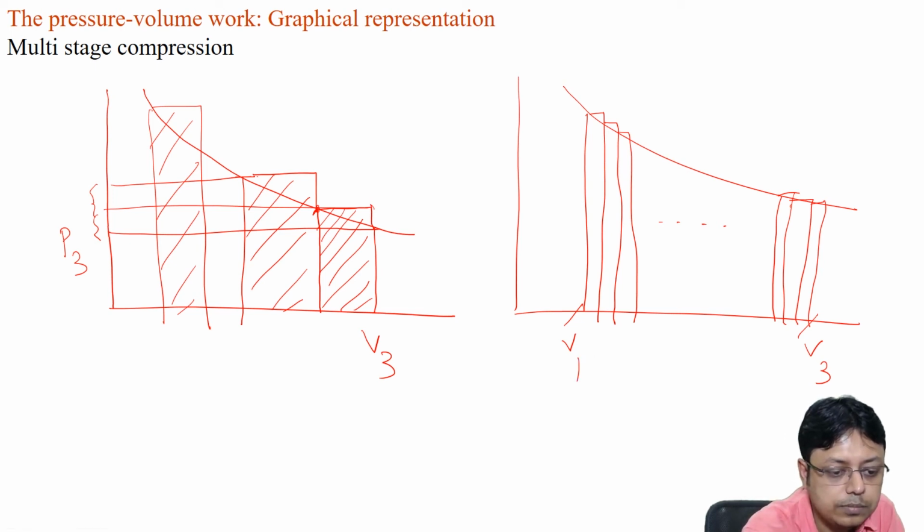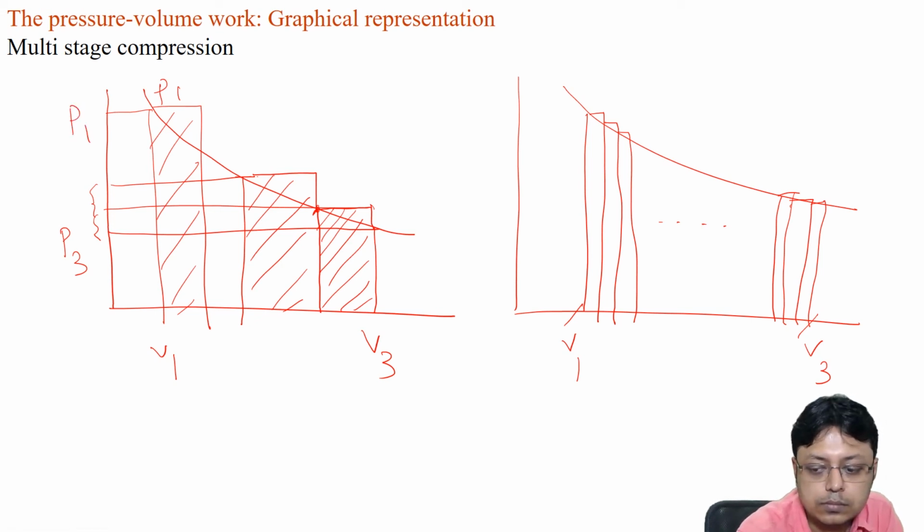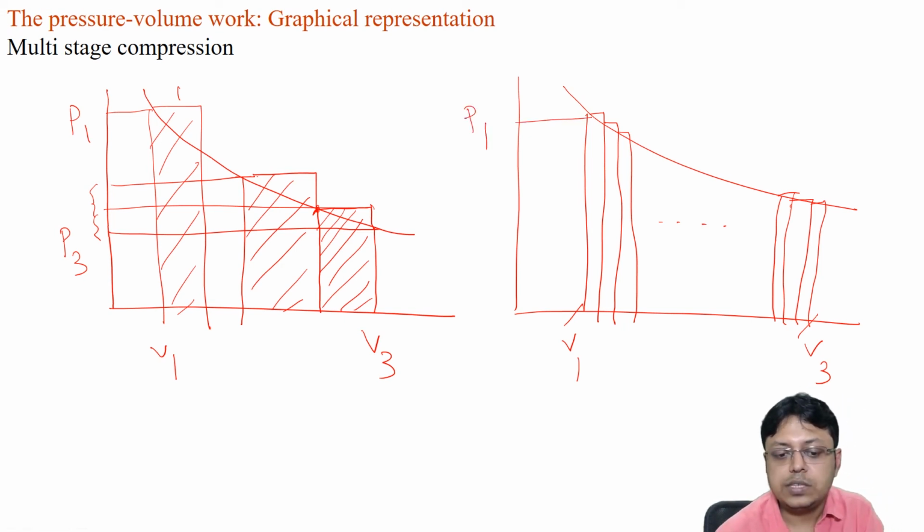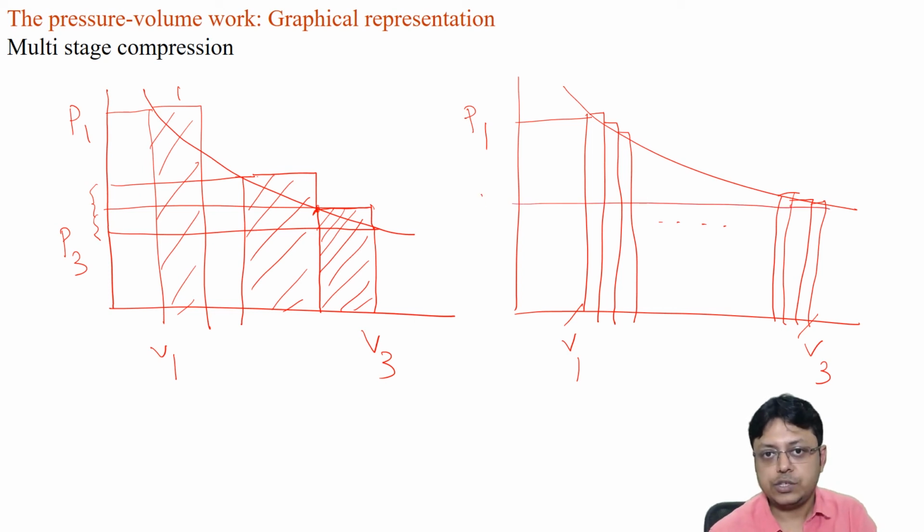This was P1 and this was P3. So we see that we can actually have the minimum work done on the system for the compression if we do it in a multi-stage way, where the number of steps is infinite.